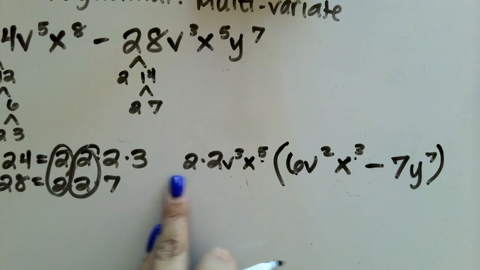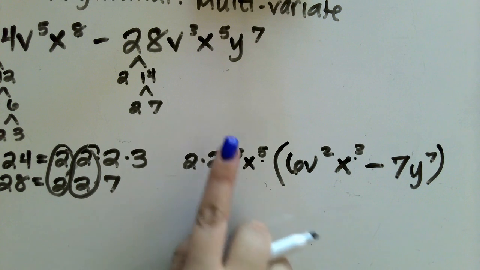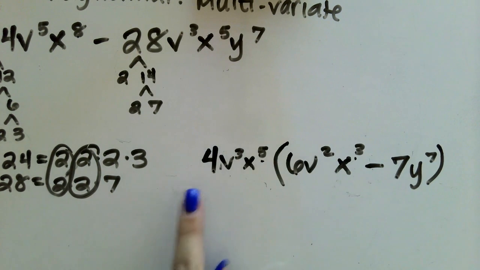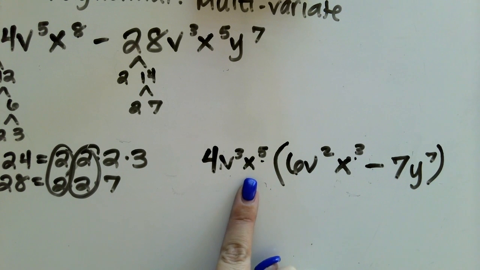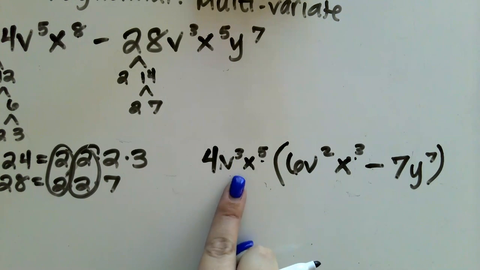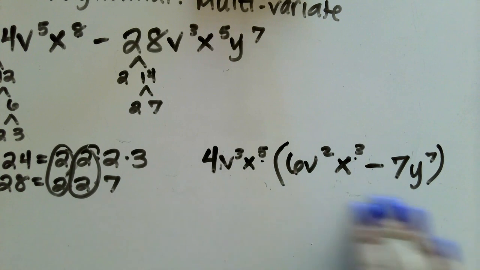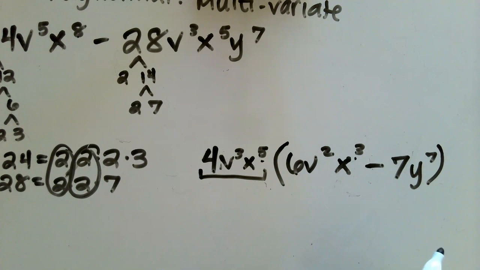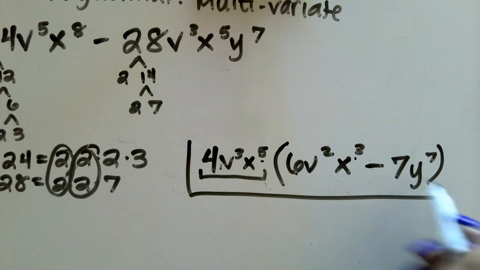We multiply this coefficient together. 2 times 2 is 4. So we know that the greatest common factor of our original expression is going to be 4v to the 3rd times x to the 5th. This right here is a factor of those expressions. Box that off.